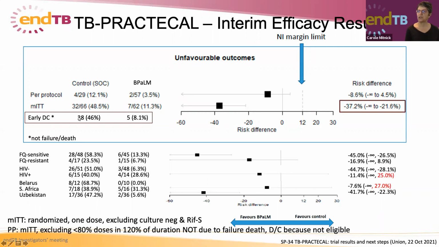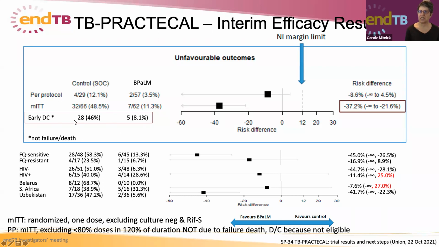And I did also just want to note, on the early discontinuation figures, the protocol defined that the treatment regimen should be discontinued among patients who experienced certain safety events.